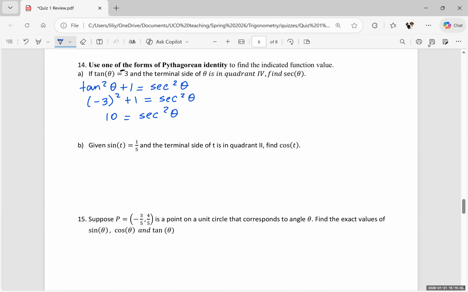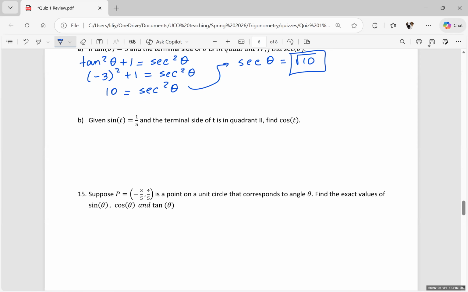And then take the square root. Secant theta is the square root of 10. Now, in quadrant 4, secant is 1 over cosine, and cosine is positive in quadrant 4. So you don't have to add a negative sign here. Secant is positive in quadrant 4.